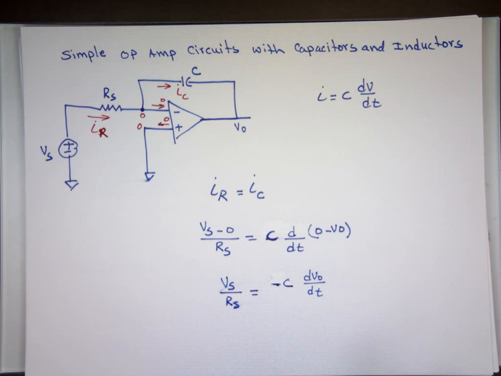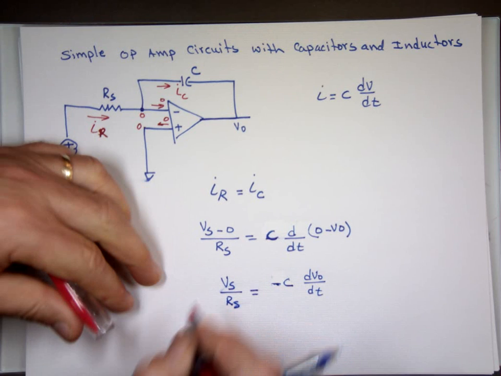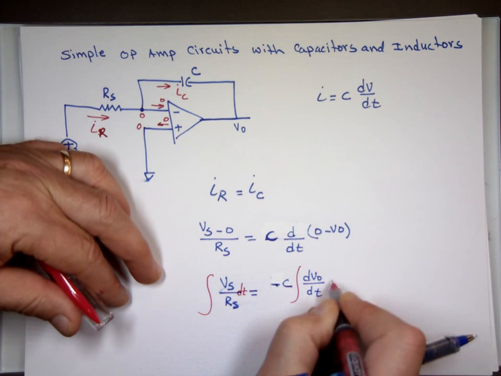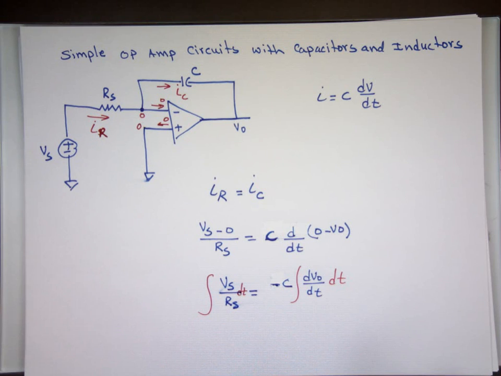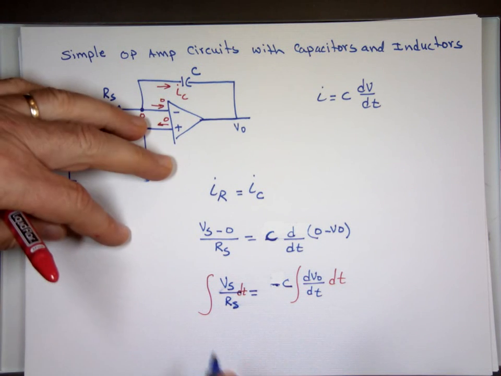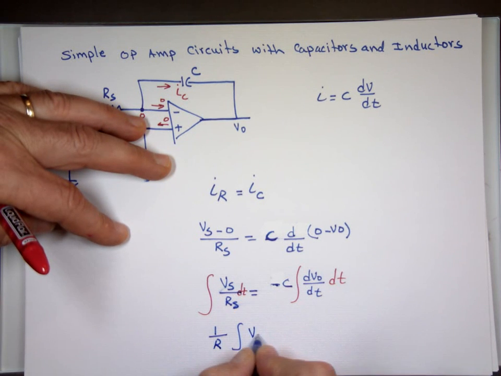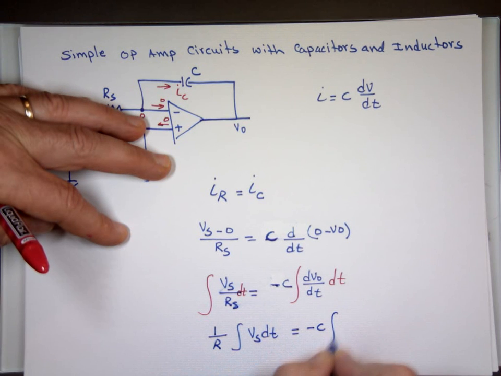And I'm looking for V out. That's what I'm looking for. So to solve for V out, I need to integrate this with respect to dt. Well, R is a constant, so it's 1 over R, integral of V of S dt, equals negative C, the integral of dV out.